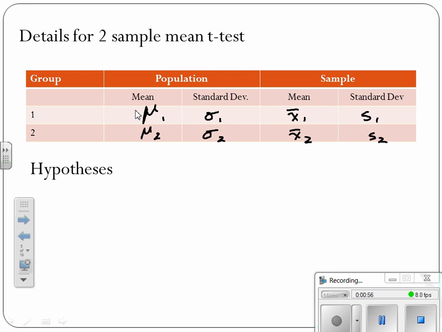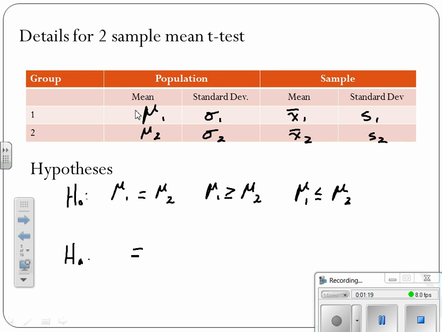Hypotheses, a lot of the rules stay the same. So our H0 here, still going to use the same symbols of equals, greater than or equal to, less than or equal to. However, now we're going to be comparing two different groups. Or we're going to try to see, is there a difference between two populations? So now we're going to have mu1 and mu2 in here.